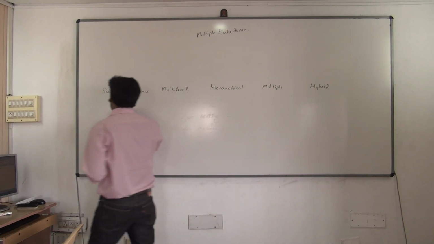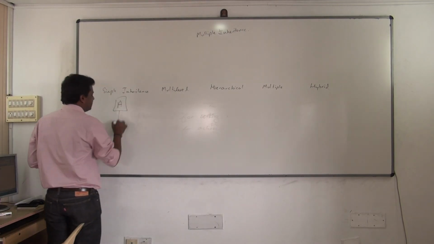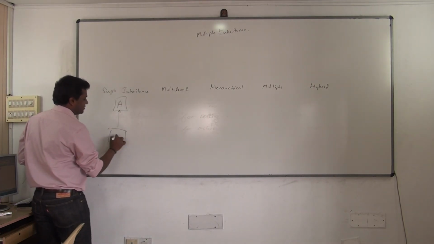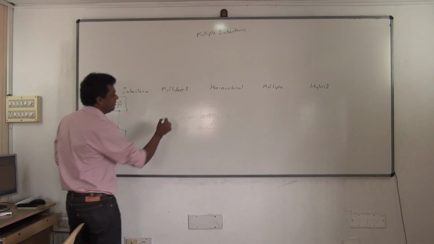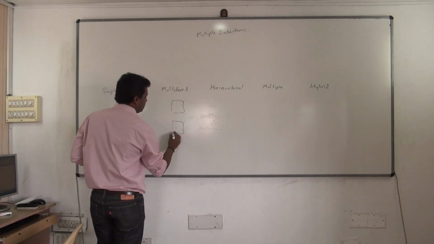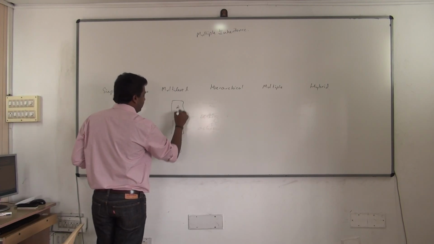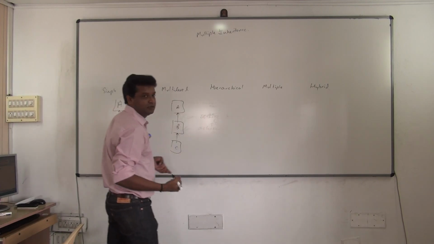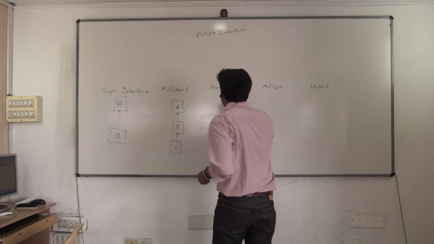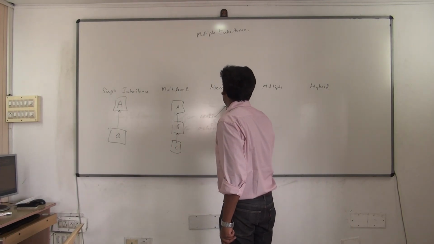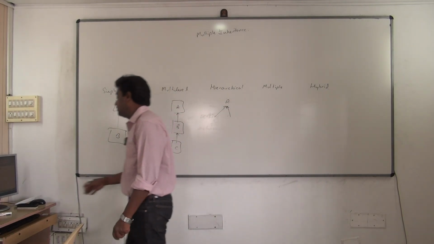In simple inheritance, what will happen? There will be only one class and one subclass. Simple as this. In multi-level, what happens? A, B, C. You understood now? Multi-level. Hierarchical, what will happen? There will be one superclass but many subclasses inheriting the same class.